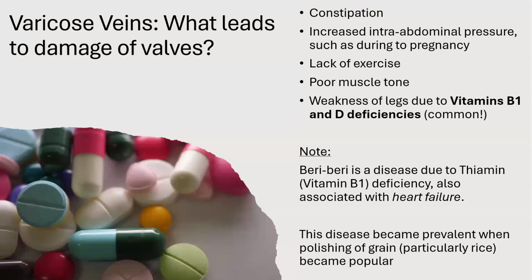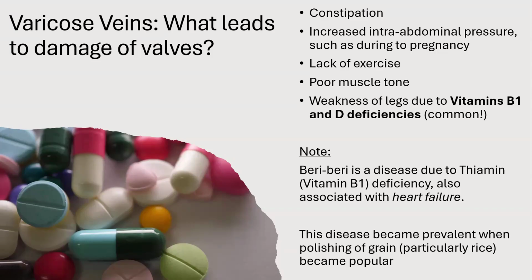Now, there's a note here that beriberi, that's a disease that is as a result of thiamine or vitamin B1 deficiency, is also associated with heart failure, which to me tells me that the valves of the heart are affected if these deficiencies happen.